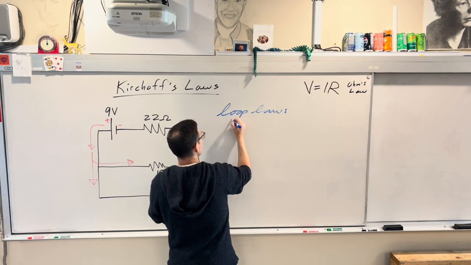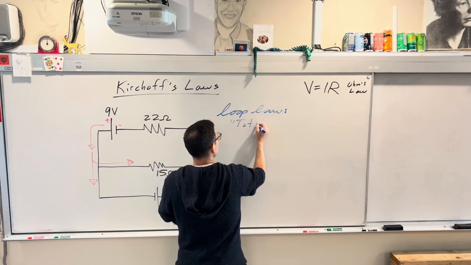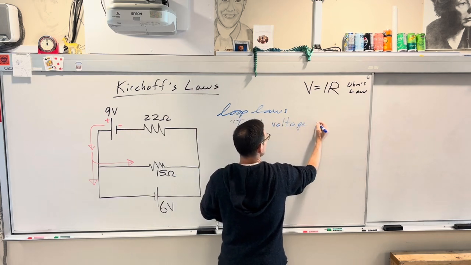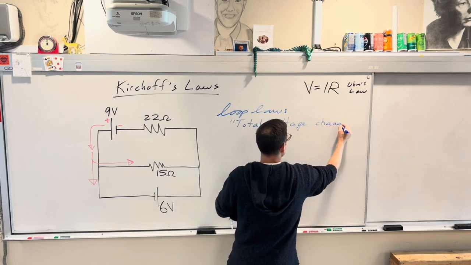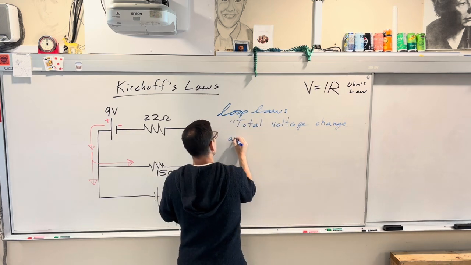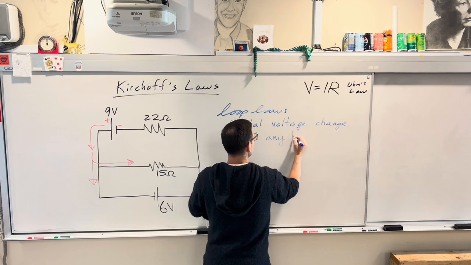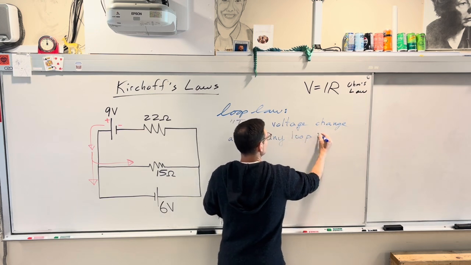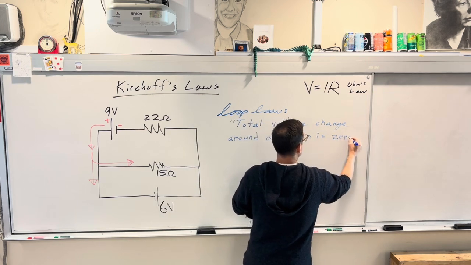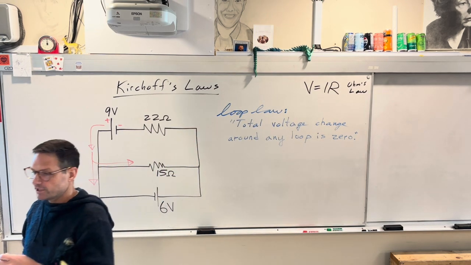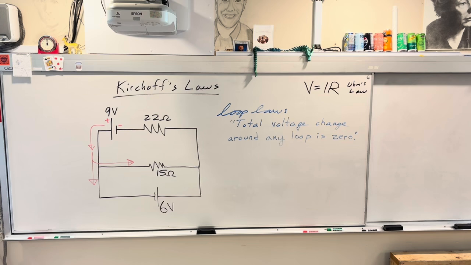So we'll just write this. Total voltage change around any loop is 0. So if you add up all the voltage changes, you're going to get 0.